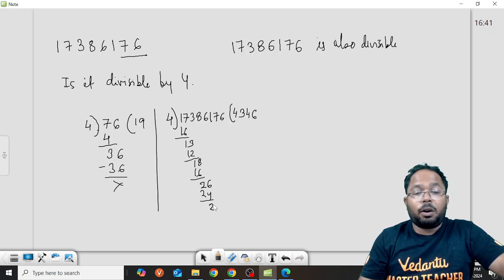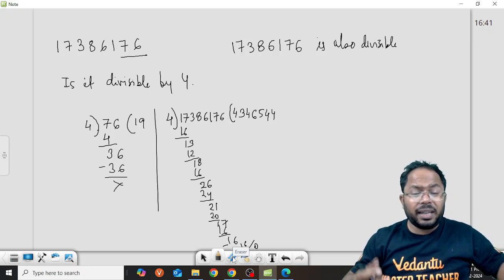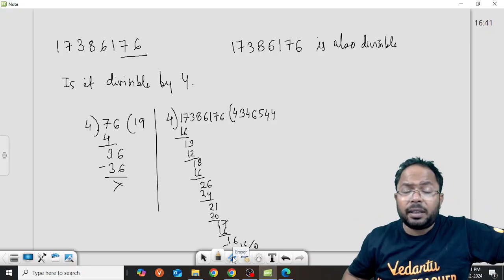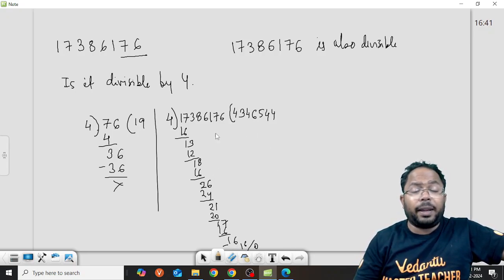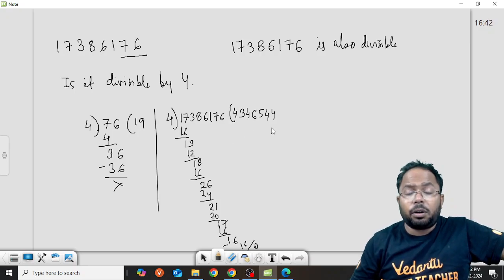Now you can see how longer it is, it is consuming more time. 4 5s are 20, we get a 1, then a 7. 4 into 4 is 16, and then again 4 into 4 is 16, and ultimately we get a remainder 0. So it takes too much time, isn't it? This takes too much time to find whether it is divisible or not.